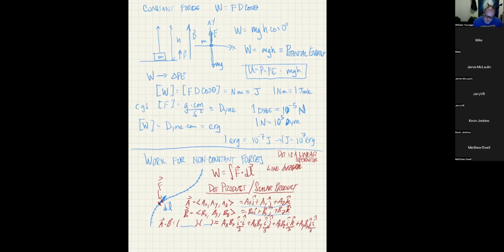And now I can go and do AY BY, and that's going to be j hat dot j hat. Well, that's just going to be 1. So that works out quite nicely. Plus, now I'm going to do AY BZ, and that's, of course, going to be j hat dot k hat, but nothing of them is parallel.